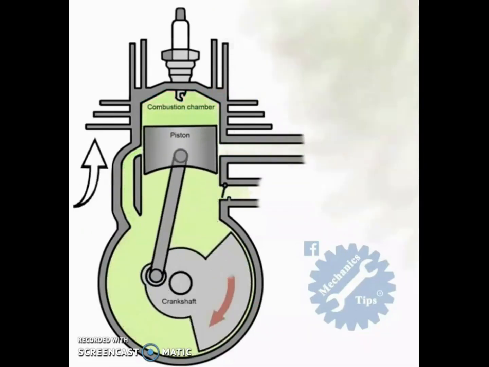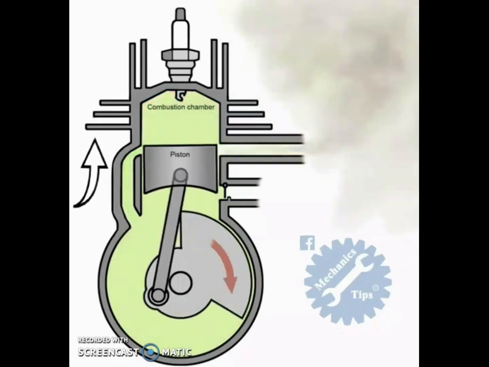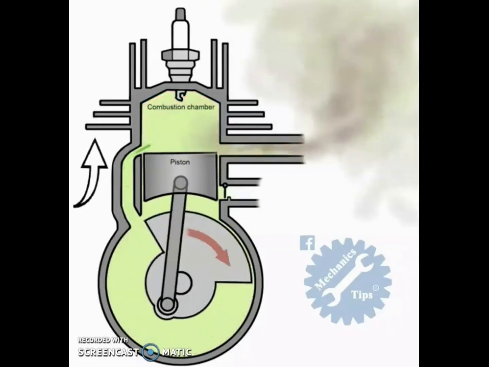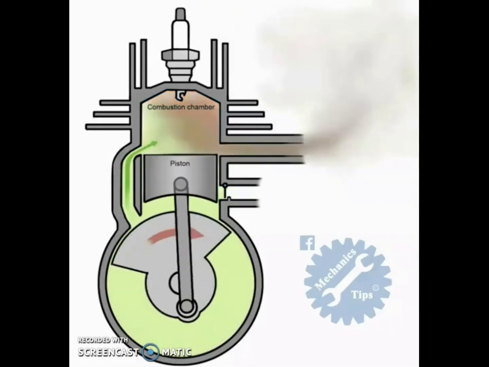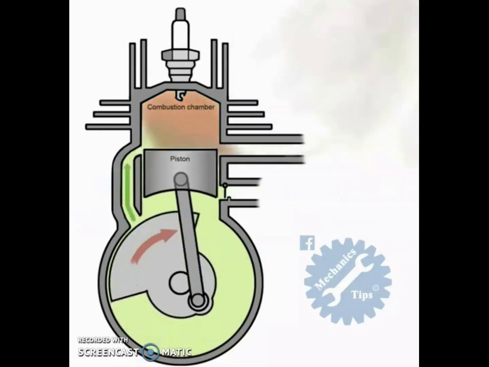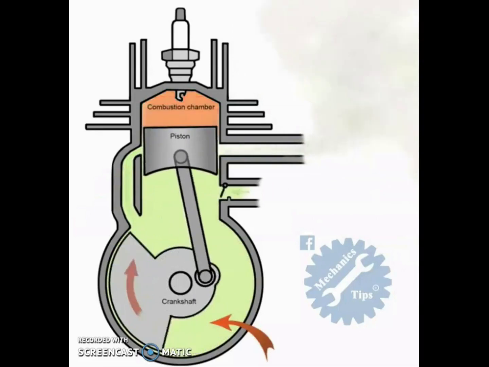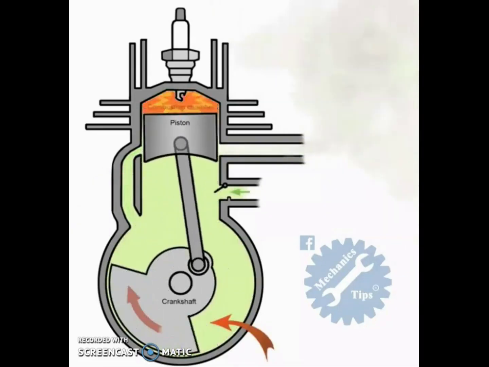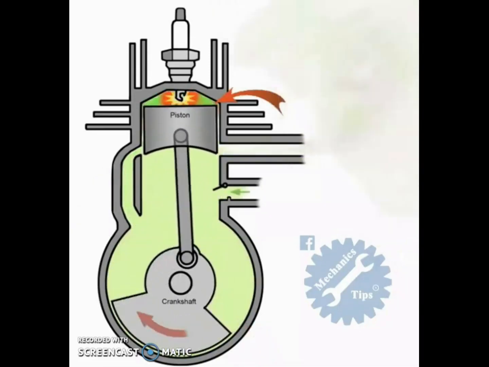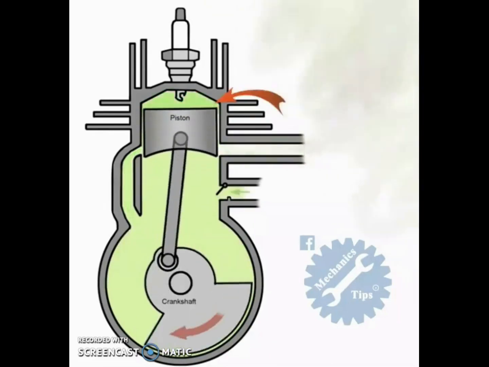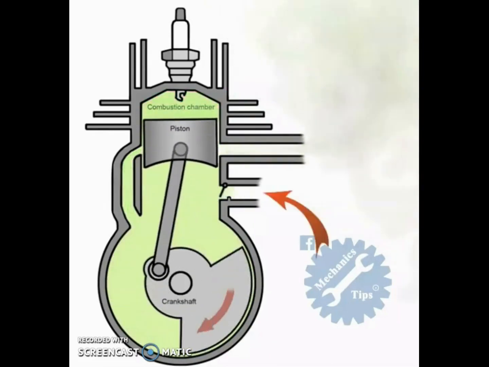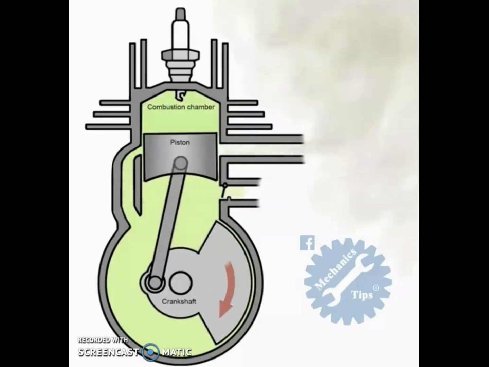When combustion occurs, due to the high pressure and high temperature, the combustion product in the combustion chamber pushes the piston downward, and then the exhaust gas is released to the surroundings through the exhaust port. That is the mechanism of the two-stroke engine.